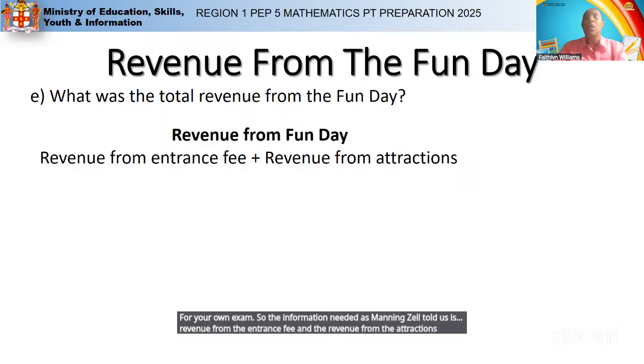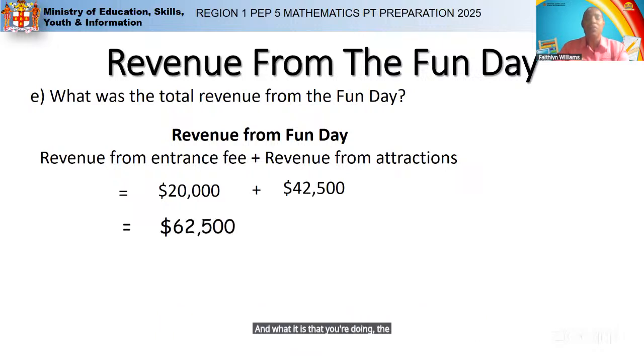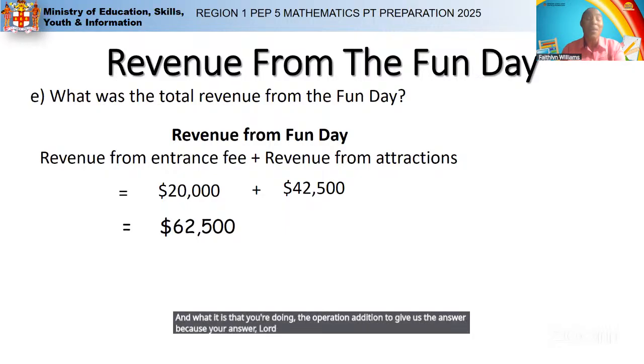And we want to see your clear working. So write the information nicely, what it is that you're using and what it is that you're doing, the operation addition, to give us the answer. Because your answer alone might just be 1 mark, but putting all those details there will give you the full mark for the question. Thanks for that.